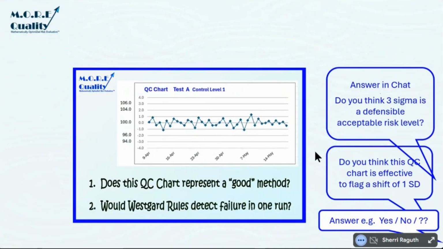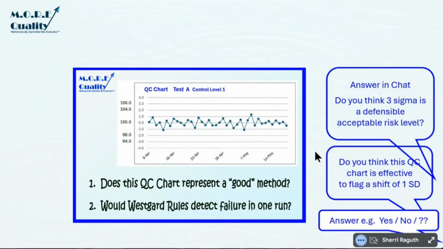Let me carry on a little bit further and see if it becomes clearer. Do you think 3 sigma is a defensible, acceptable risk level? If you read a lot of the literature, it has become common practice over the years to say 3 sigma is acceptable in labs. The concept of 6 sigma came from manufacturing, where they said, we want to be 6 sigma.